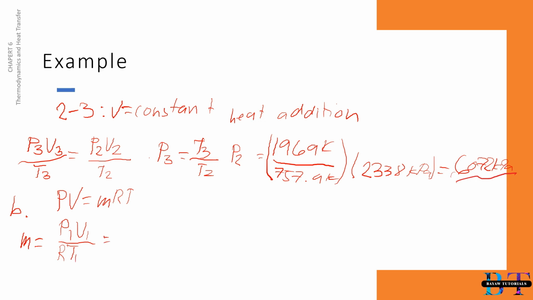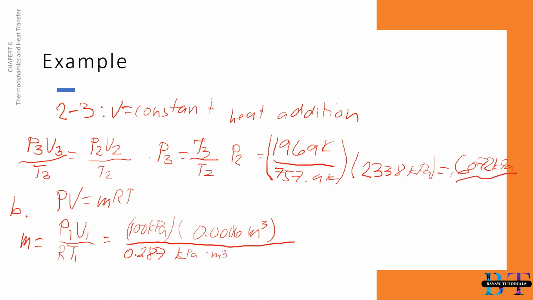So let's plug in 100 kilopascal times the volume 1, that is 0.0006 cubic meter, divided by our gas constant R, 0.287 kilopascal times cubic meter per kilogram times Kelvin, times our temperature 1, that is 308 Kelvin.